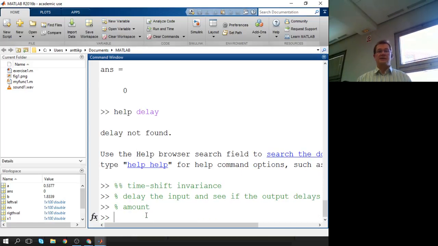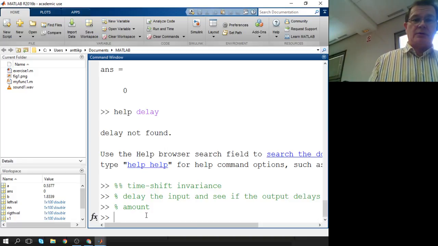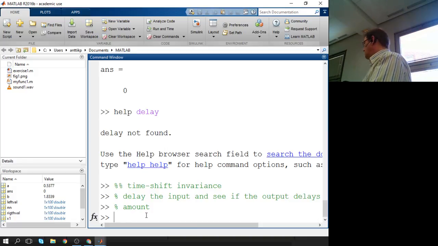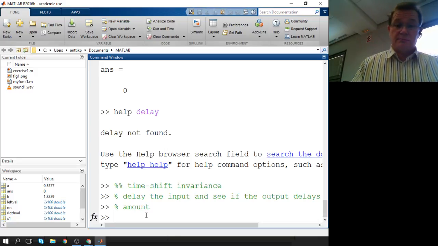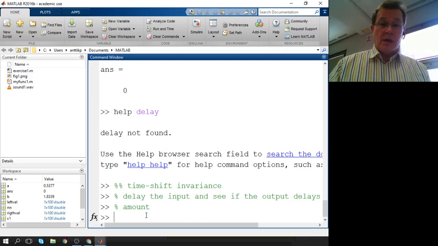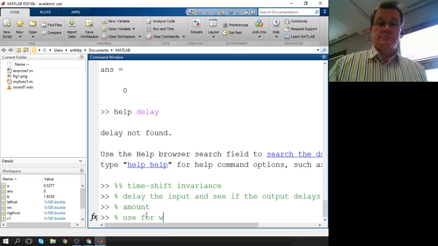Okay, so I have that x3 already there. Now I will just make some arbitrary number for the delay. For example, maybe a 3-point delay.